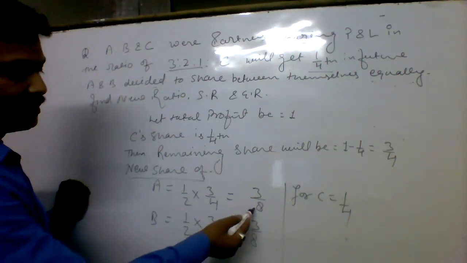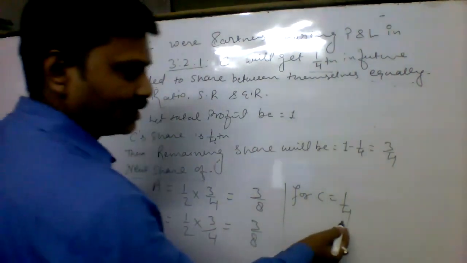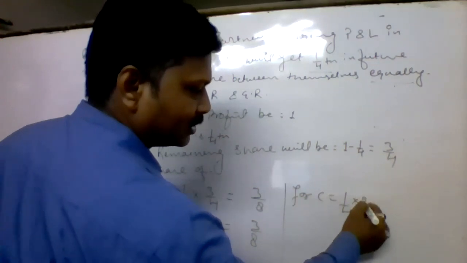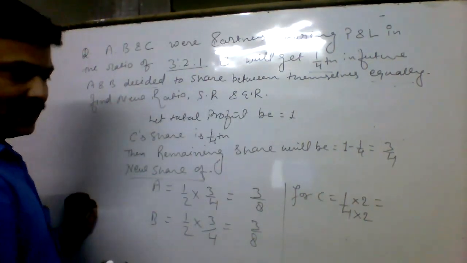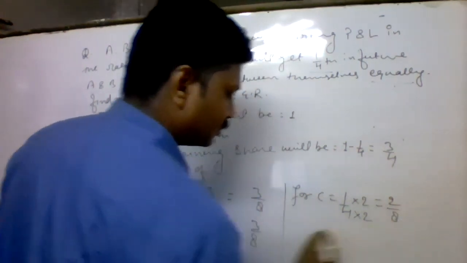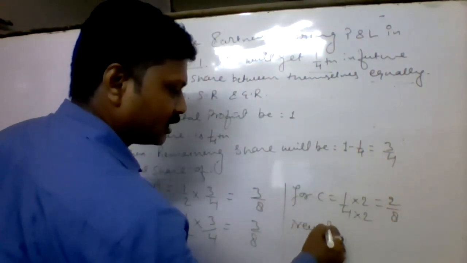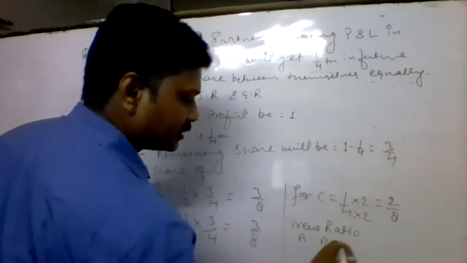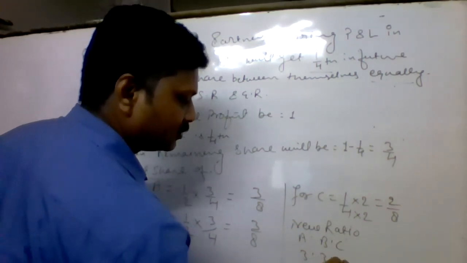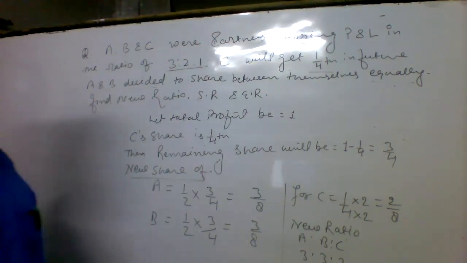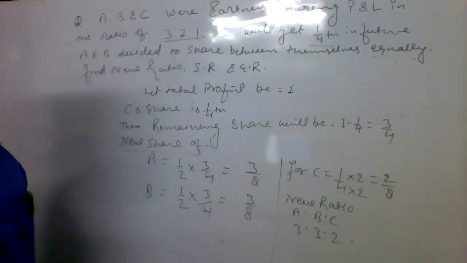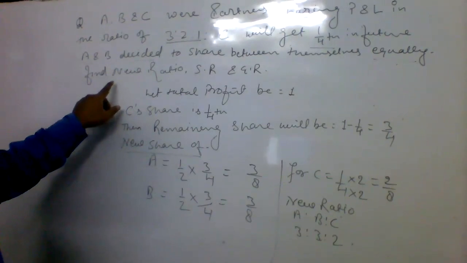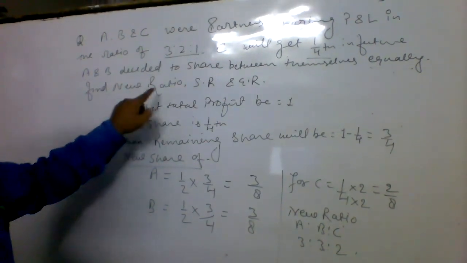You can see the denominator of A and B is 8, and C's is 4, so we multiply by 2 on both sides to make it equal. So 2 by 8. So we can say that the new ratio between A, B and C is 3 is to 3 is to 2.